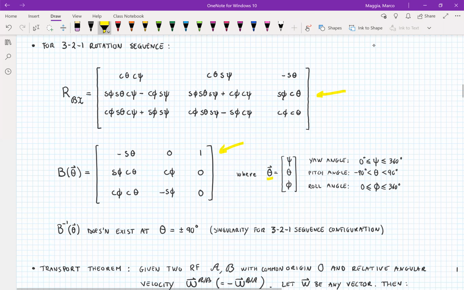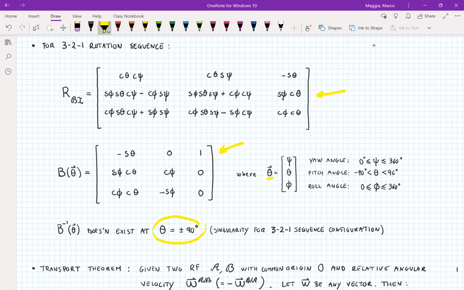For every rotation sequence, we're going to have some singularities. For the 3-to-1 rotation sequence, the singularity appears at values of plus or minus 90 degrees for the pitch angle. And so you see that, since we are usually using this transformation to describe the motion of aircraft, aircraft usually don't fly with the pitch angle close to plus or minus 90 degrees.